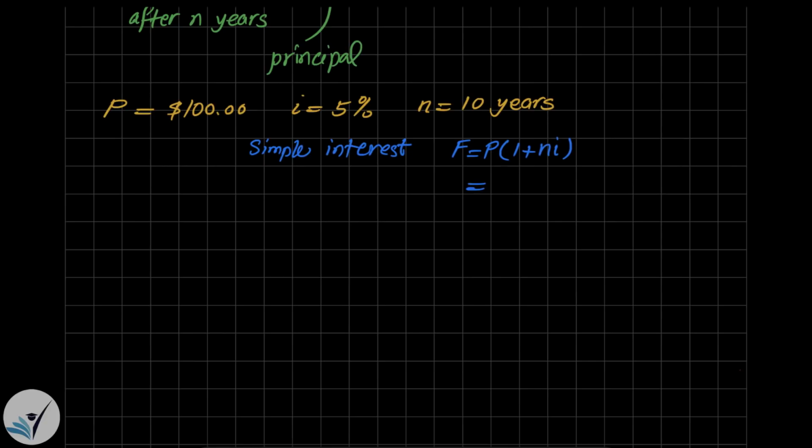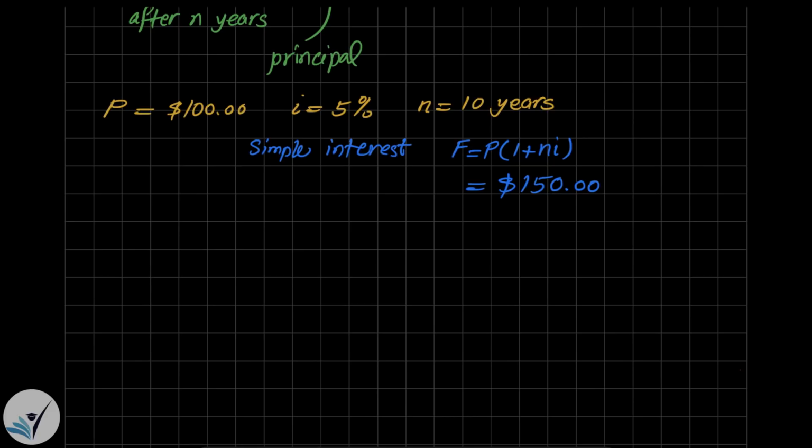If we use the values provided for P, I, and n in this equation, we will get $150, which means that if you put $100 in an account that pays simple interest, after 10 years the total balance in the account would be $150.